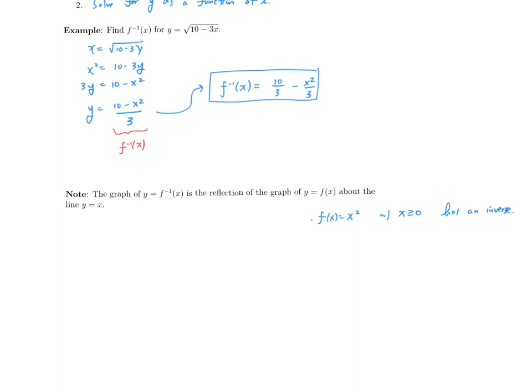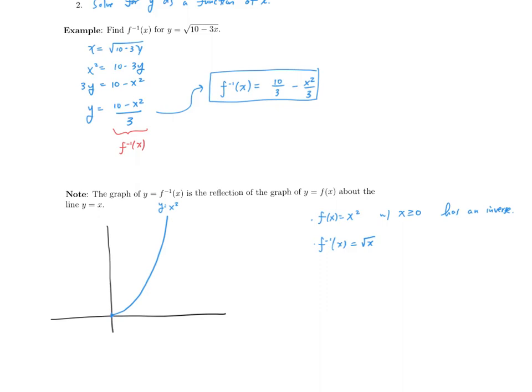And we should be able to very easily visualize this graphically. f of x equals x squared for positive inputs would just be the right half of that standard parabola, y equals x squared. And I'm guessing you can probably tell me what the inverse of x squared would be. Thinking of the inverse as undoing the function, you undo a square with a square root.